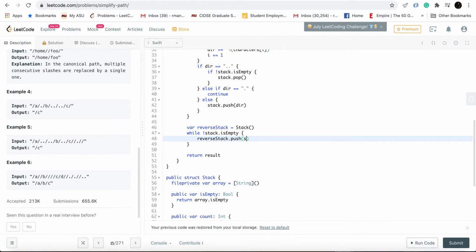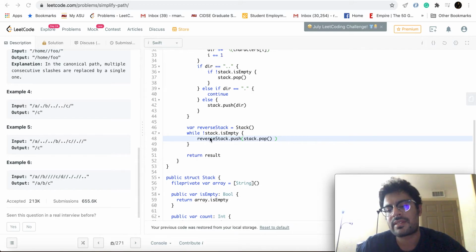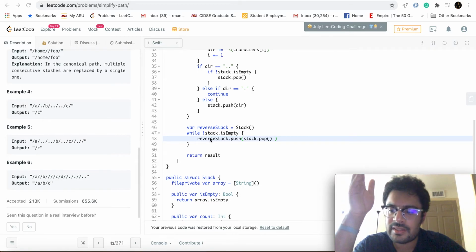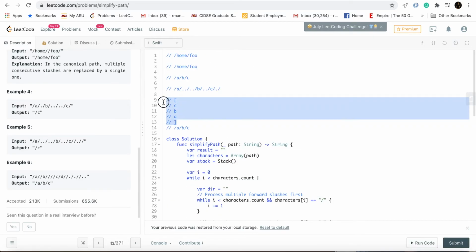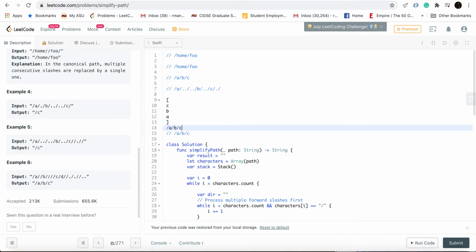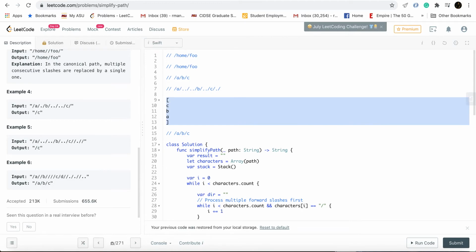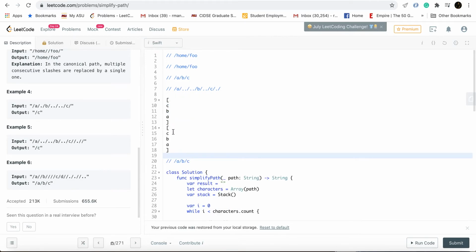So we'll pop from our original stack and push it to a new stack, which is a reverse stack. So now, if our original stack was CBA, our reverse stack would be ABC.